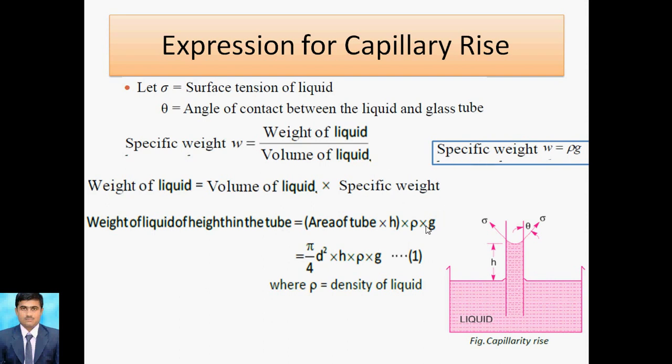Specific weight is equal to rho into g. The area of the tube is pi by 4 d square, so taking the area of the tube into h, because the height rises, into rho into g, because of specific weight. So the equation becomes pi by 4 d square h into rho into g. This is equation number 1.